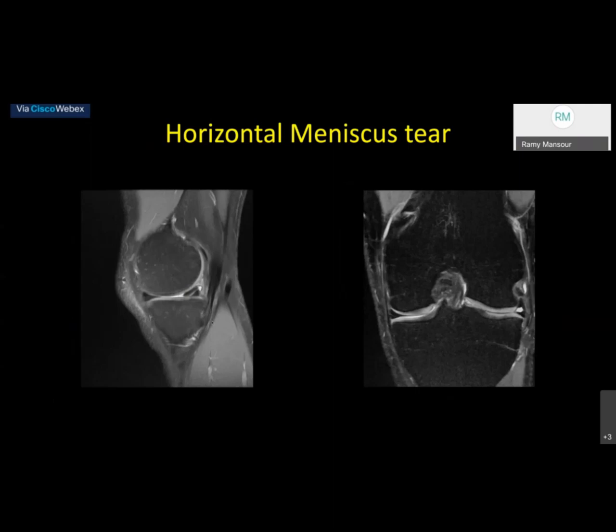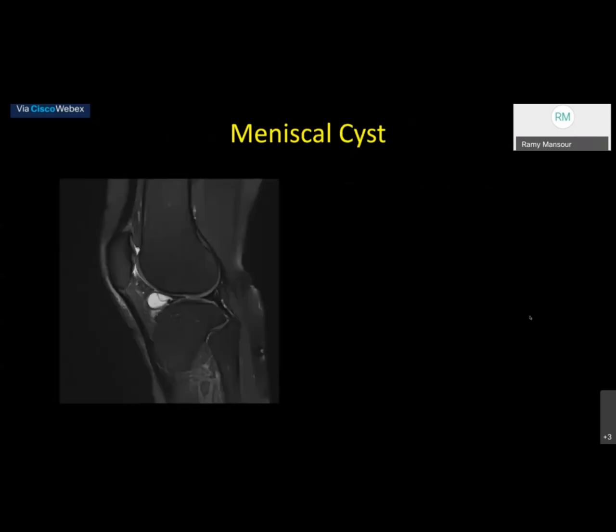The other type of injury is the horizontal tear, and as I mentioned, horizontal tears are generally more likely to be degenerative, and they almost always have an oblique component. They can also develop a meniscal cyst, and the meniscal cyst can project posteriorly, medially, or laterally, or even into the meniscal substance itself, like in this patient. They can become large, and they can happen anywhere.